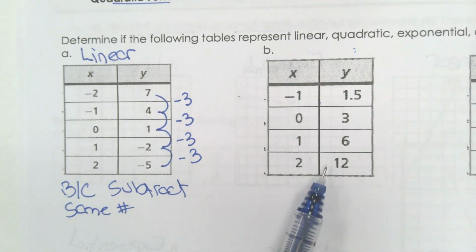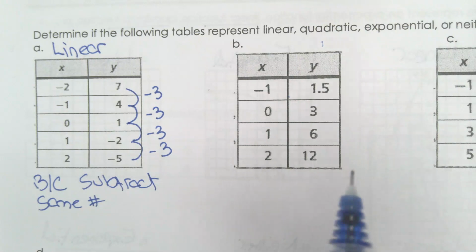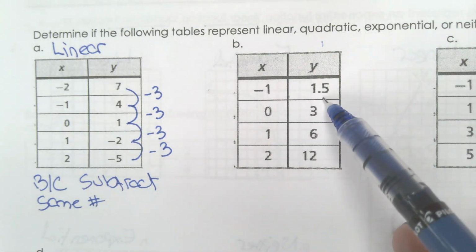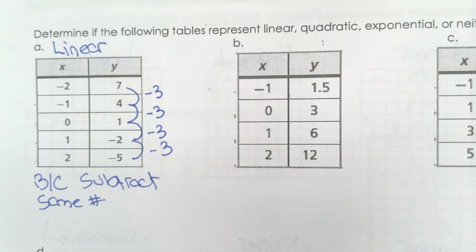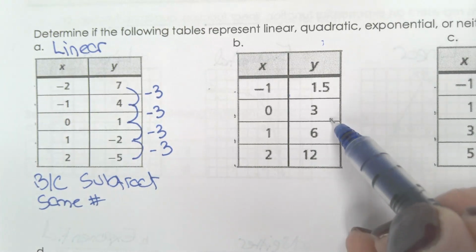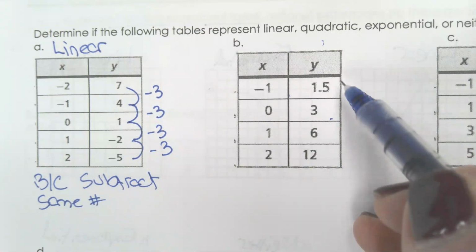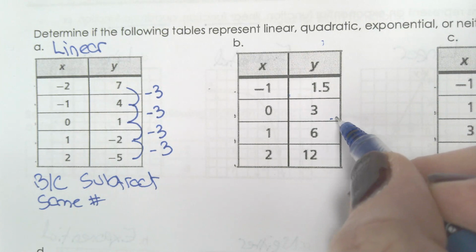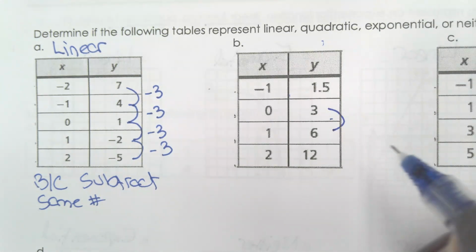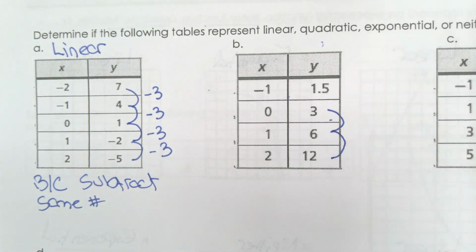Let's look at B. Sometimes, maybe the ones at the beginning, sometimes they seem a little odd. And if it's hard, then start in the middle or start at the end and then go back to it. How can I get from 3 to 6 and 6 to 12? What could, yep. Multiply by 2.